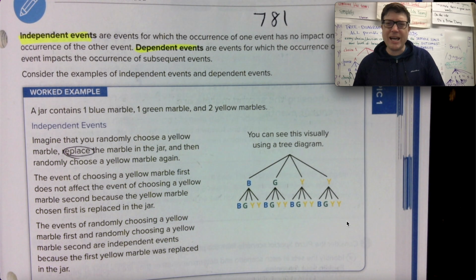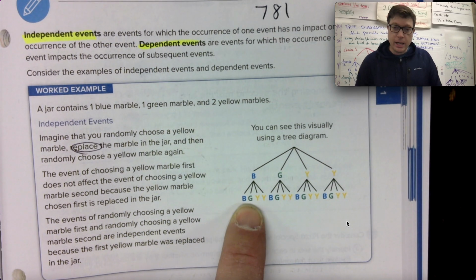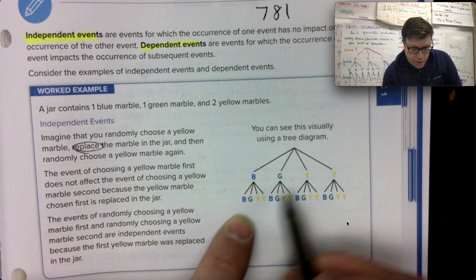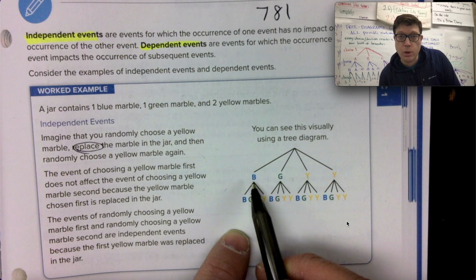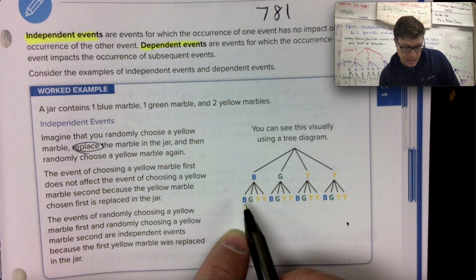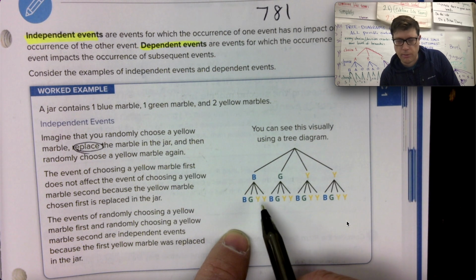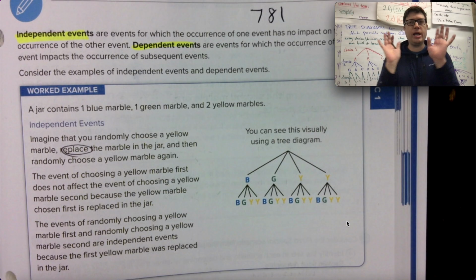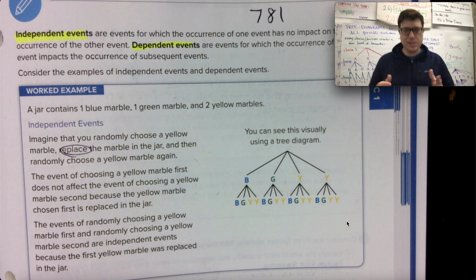But if you're going to replace the object after you take it out of the jar and you put it back in, then BGYY should be the same. What if you drew a blue marble, put it back in the container, and now you're going to draw another marble from the container? And again, this isn't like saying it's all happening all at once. These are paths.